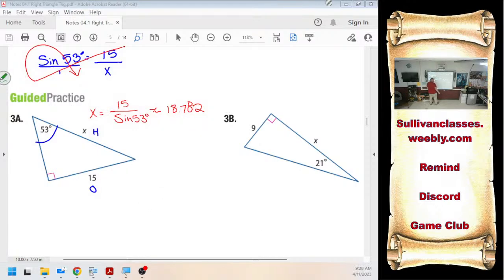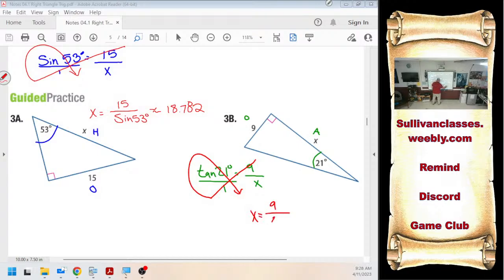Okay, contestant 2. From 21, I have an opposite and an adjacent, which is the tangent of 21 is opposite over adjacent. Again, multiply the two that line up, divide by the one that doesn't.